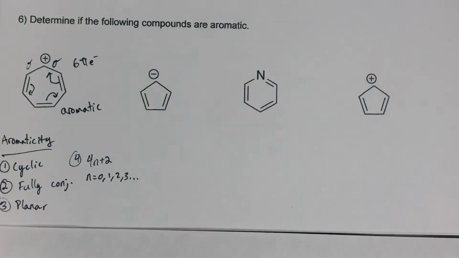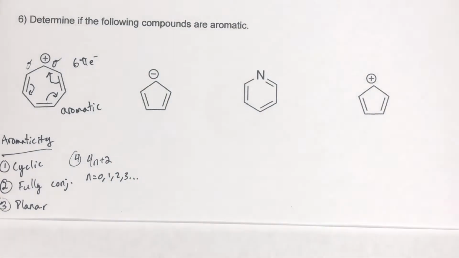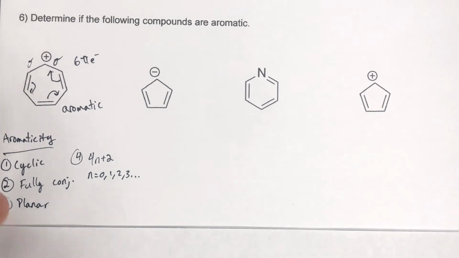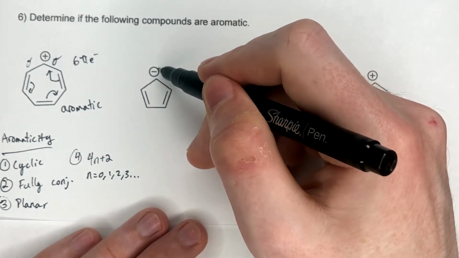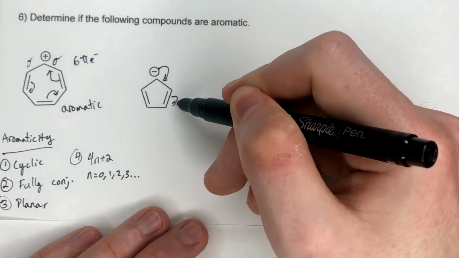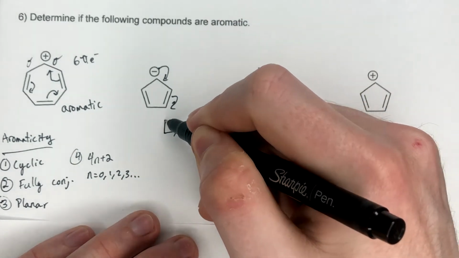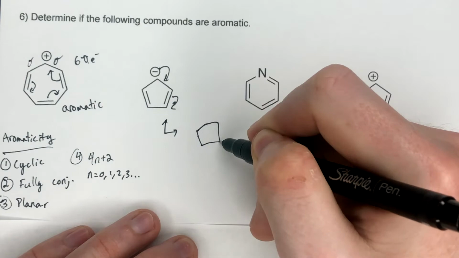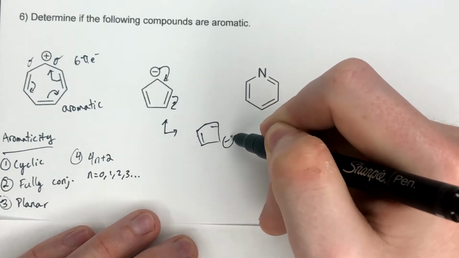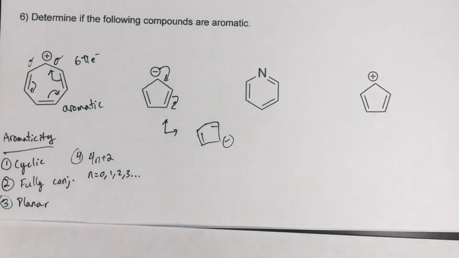Okay, moving on to the next one here. This is a case where it appears that we have 2 pi bonds, so you would just say, based on Huckel theory, that this is not aromatic. But you have to, again, consider the resonance. So now a lone pair becomes a pi bond, so I'll draw this one resonance structure here. So that lone pair has become a pi bond.